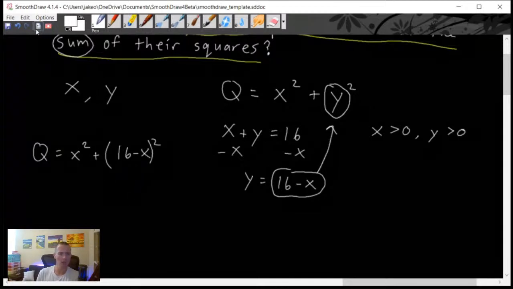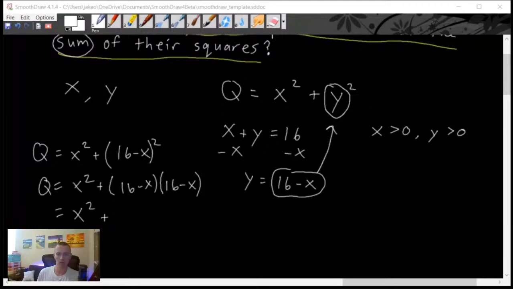Okay, so now let's think about 16 minus x all squared. That would be the same as saying 16 minus x times 16 minus x. So then we can FOIL that out to simplify things for us. So 16 times 16 is 256.